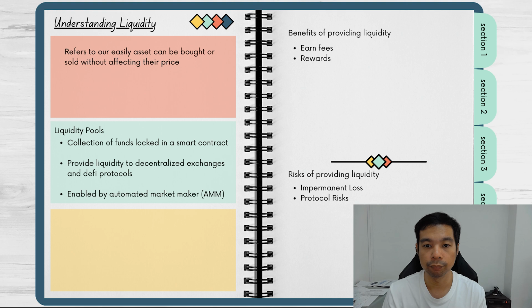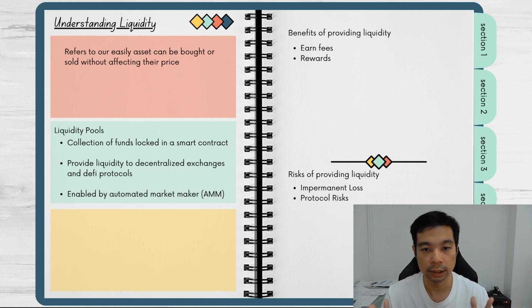So a lot of times when we are providing liquidity, we need to make sure that, together with the fees that are generated, you are actually making more than the market fluctuation and the IL.